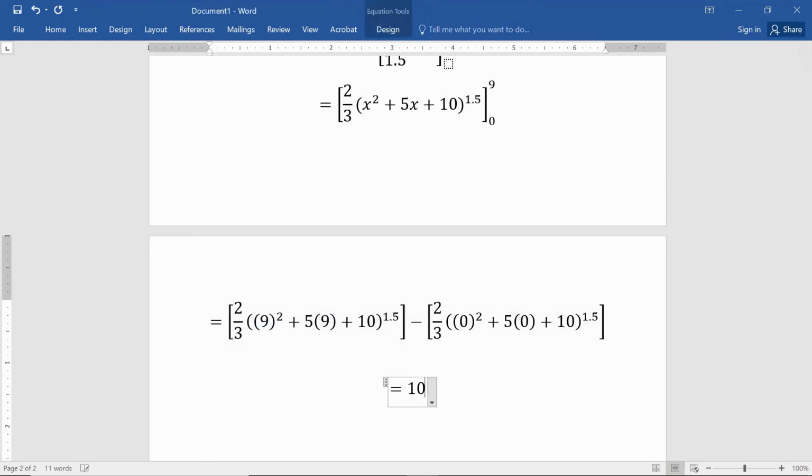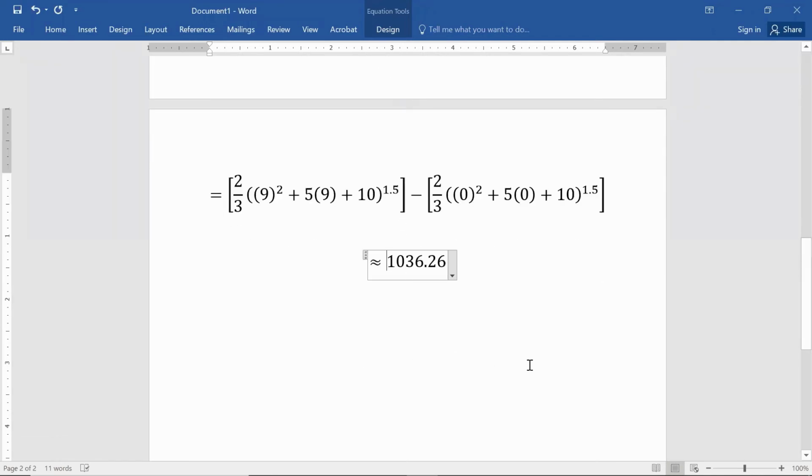When I computed that on my calculator, I ended up getting approximately 1036.26. It's not precisely that; it goes on for a little bit more decimals.